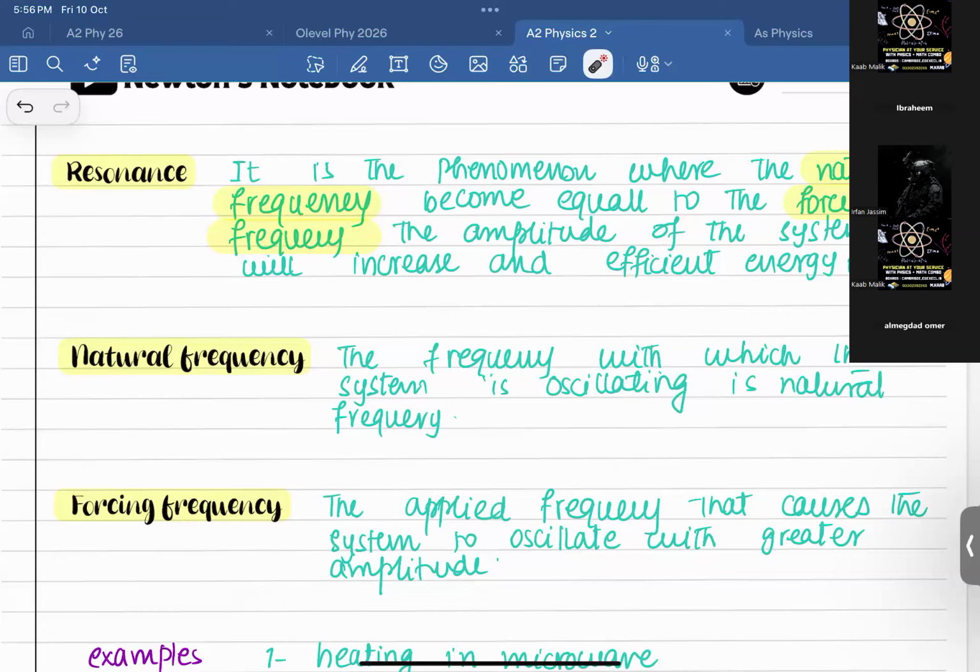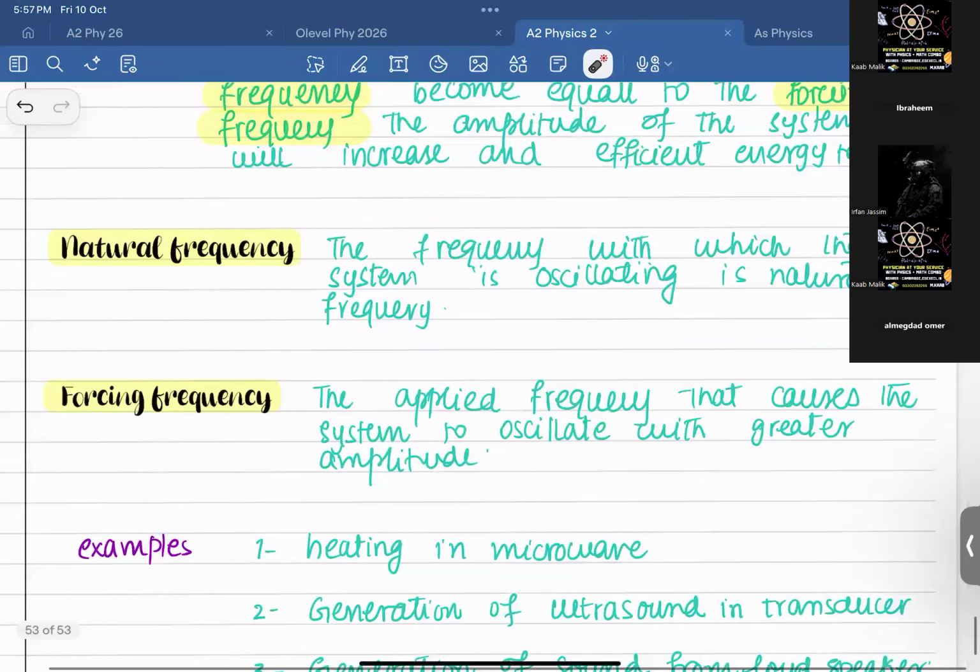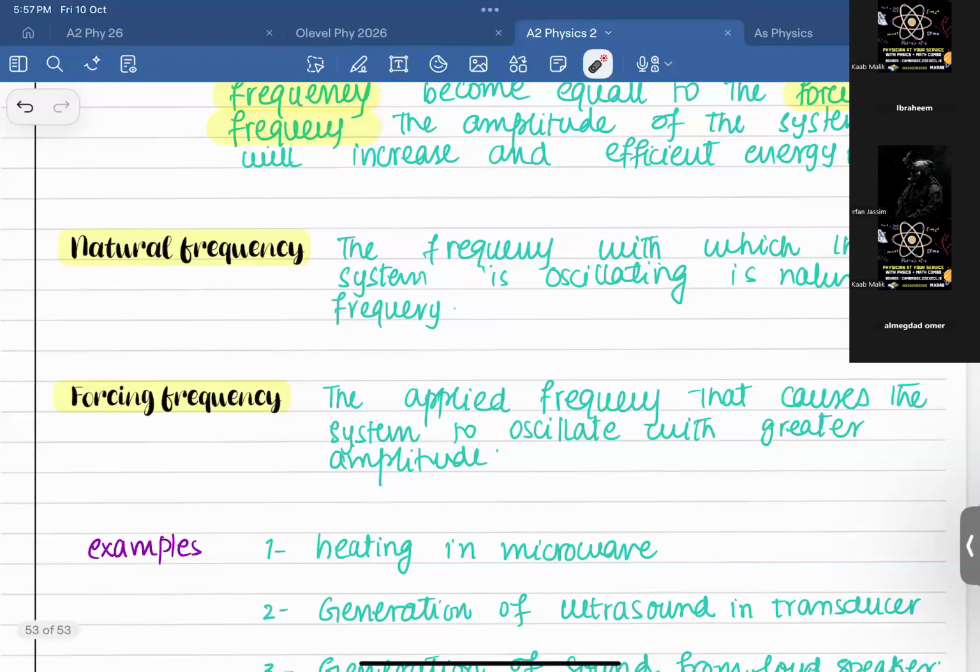Now, after every oscillation, if you push it with a forward push to keep him oscillating, that external push from you on the person sitting on the swing is basically the forcing frequency, okay? So when these two things match, you'll have greater efficiency, efficient energy transfer, and greater amplitude, right?